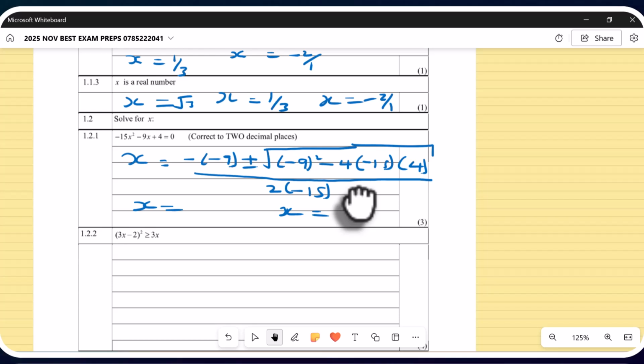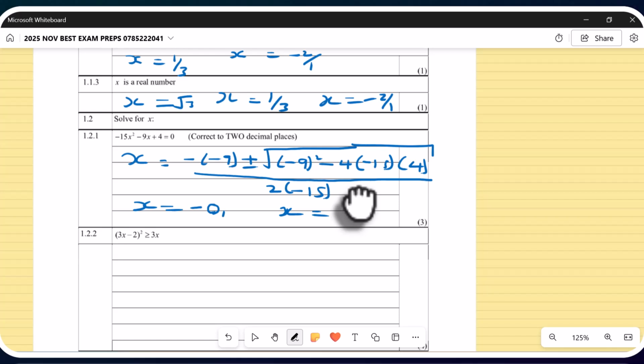Okay, so collect like terms here. I'm going to have 9x squared, and then here minus 15x, hope we are together, and then plus the 4. So here, can we get the factors now, guys?